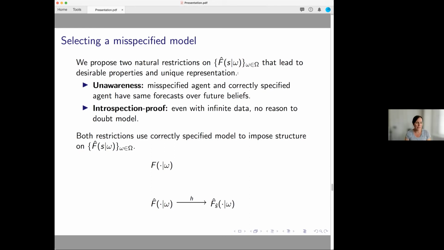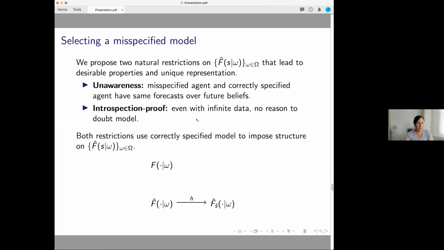And so one of the criticisms of the model misspecification literature is that in certain applications of it, people are going to essentially asymptotically be seeing events that they place probability 0 on. And so, why doesn't that trigger, say, an introspection or a realization that your model is wrong? And so what introspection proof tells us is that even with infinite data, you have no reason to doubt your model. In other words, your expected model is exactly equal to what you're seeing.